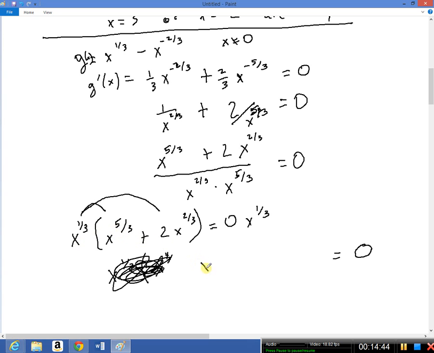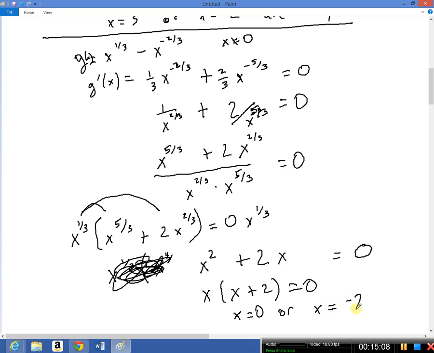X to the 6/3 is x squared. And then x to the 1/3 times x to the 2/3 is x to the 3/3, which is just x. This is looking good. So that says x times x plus 2 equals 0. And now we're done because x equals 0 or x equals -2.